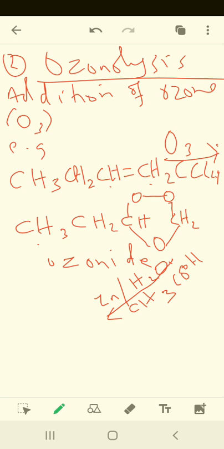One carbonyl compound will be from here up to here, and the other from there up to there. Each of these 2 will take an oxygen atom.